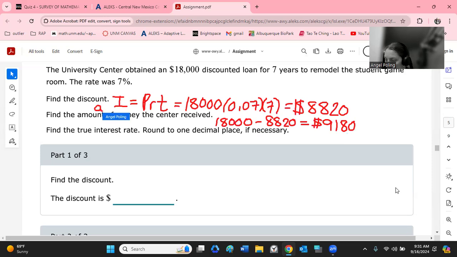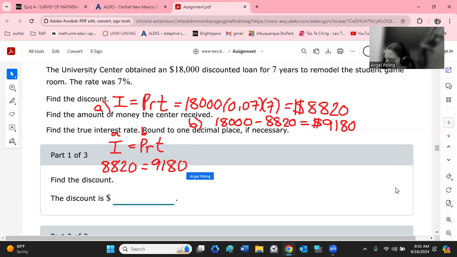So the result of A, the result of B, right? In I equals PRT, just like before, we're going to use the result from A and the result from B. So A is 8,820, equal to 9,180 times the mystery quantity R times T, which was 7 years.